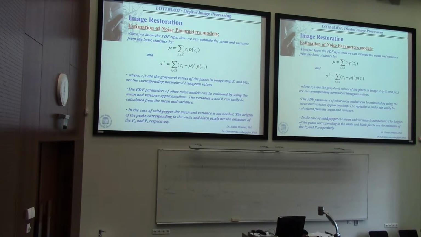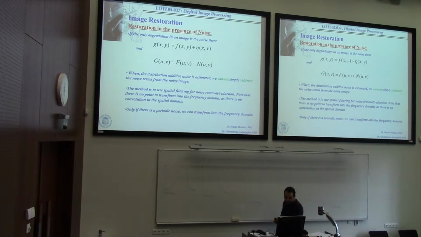When we have the mu and variance of the function, easily you can find, for example, A here, B here, or A here, B here, and also for that operation we can easily find the region of the noise in our image.